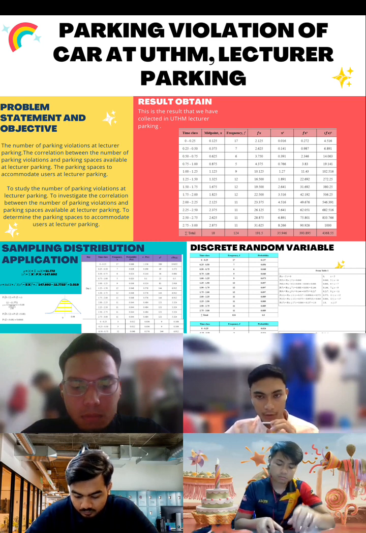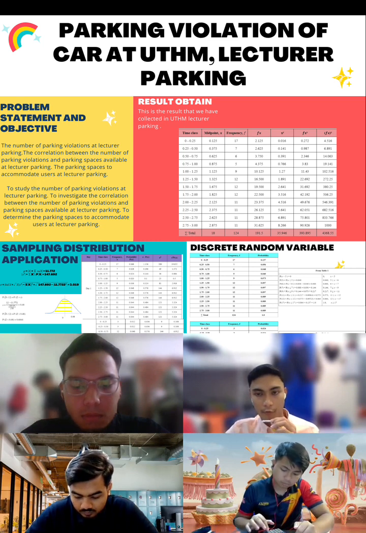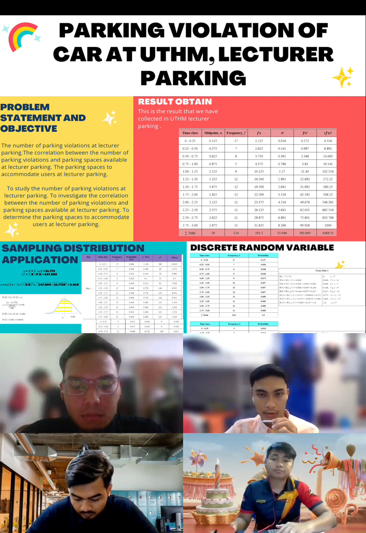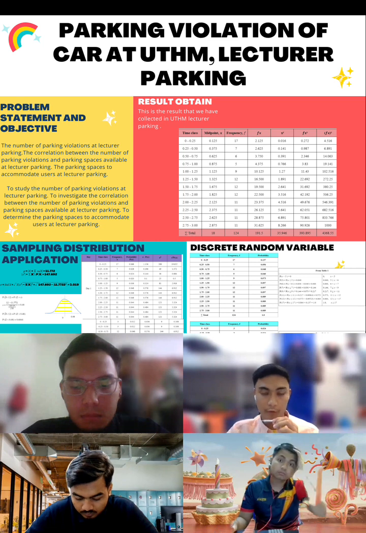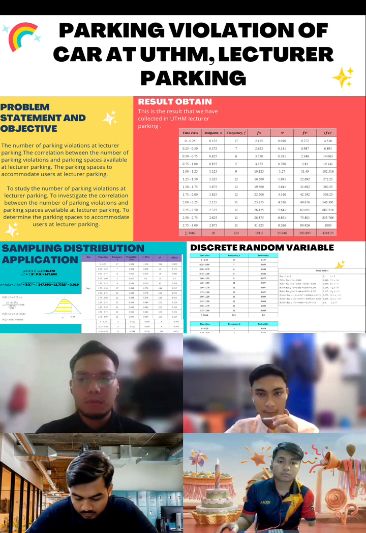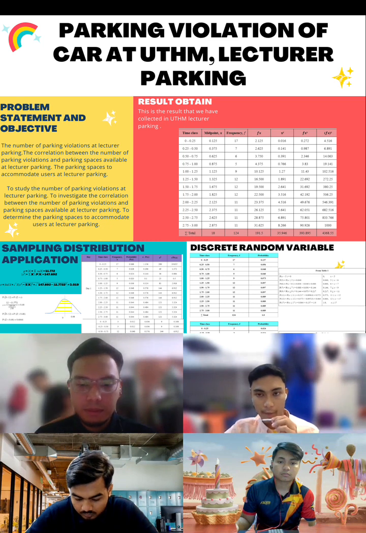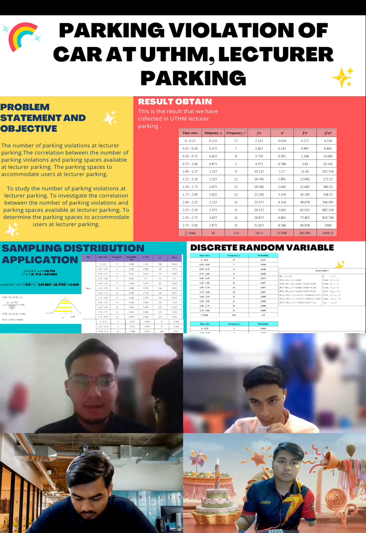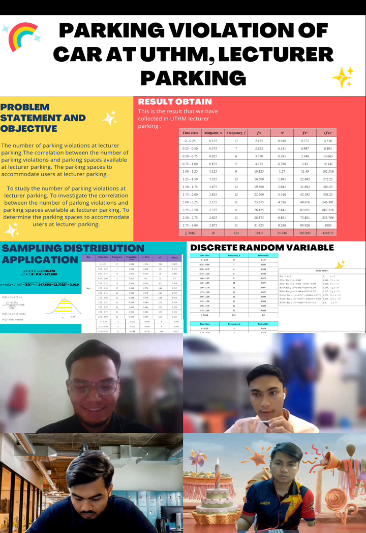So this is the table that we provided when we collected the data, which we divide into a few sections: time class, midpoint, frequency, fx, x power 2, fx power 2.